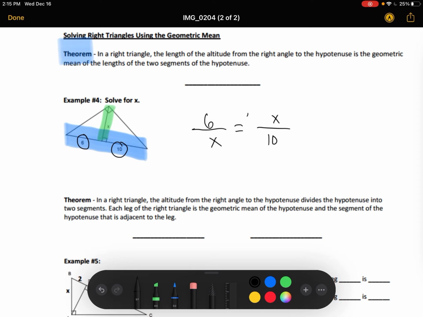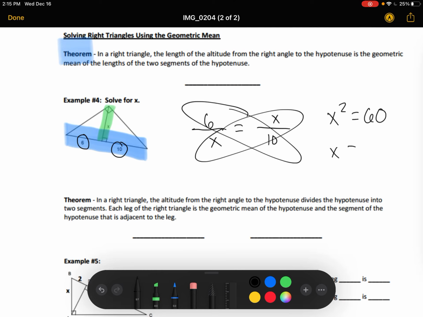So it's our job to go through here to cross multiply and solve. So we'll get x squared equals 60, or we can say that x equals the square root of 60. So if we take the square root of 60, we'll get an answer of 7.7. And that's how we would solve questions just like that.